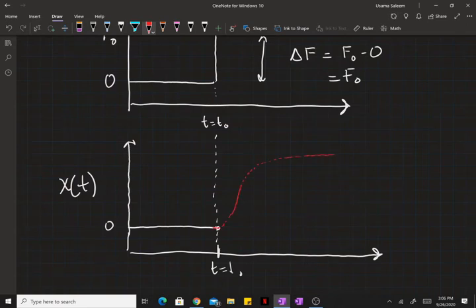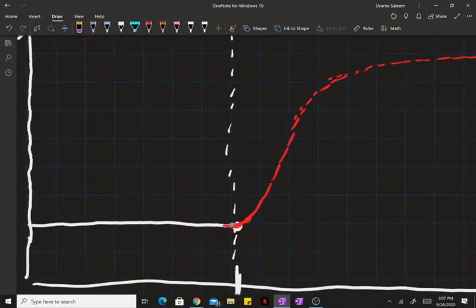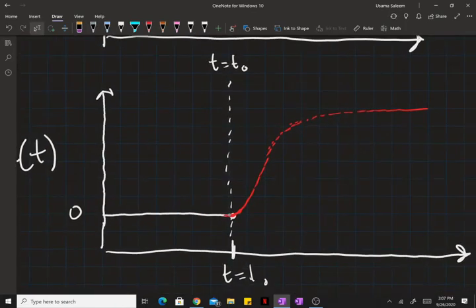Let me just make that a little bit more prominent for you. We're gonna have a response that is slightly more similar to a first order response. Looks something like this.